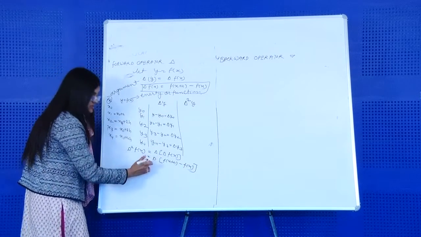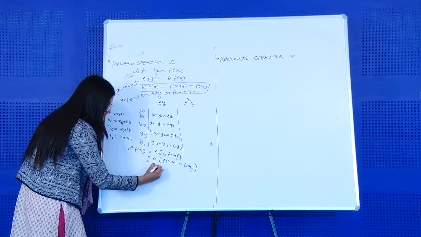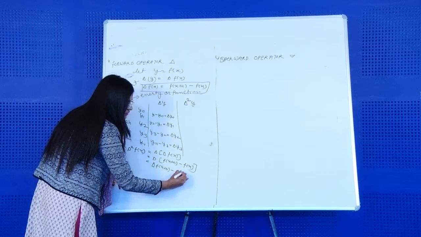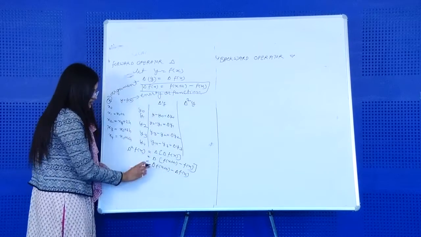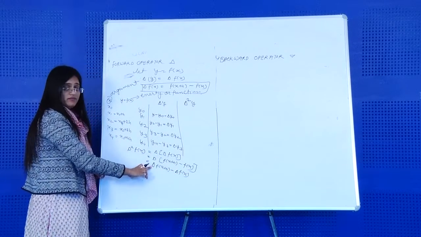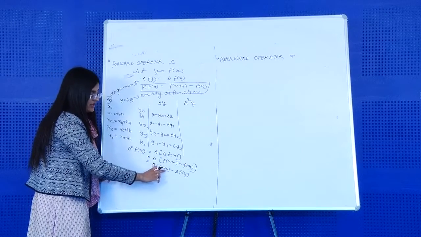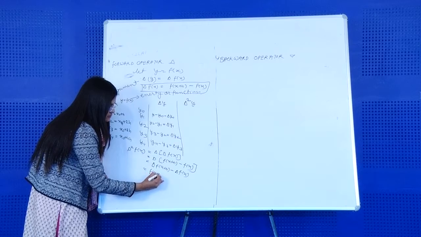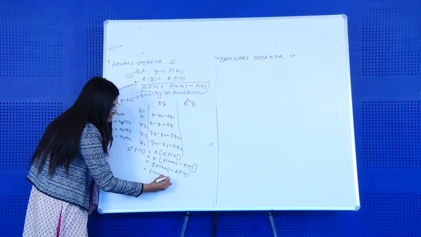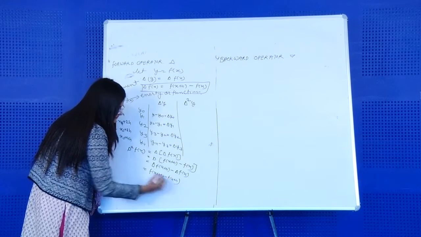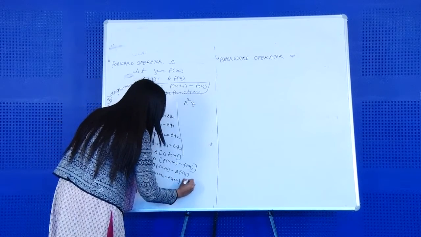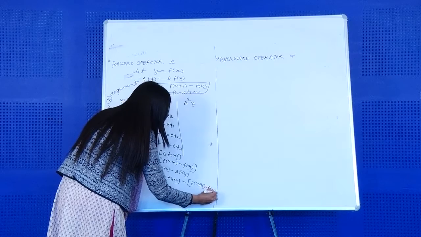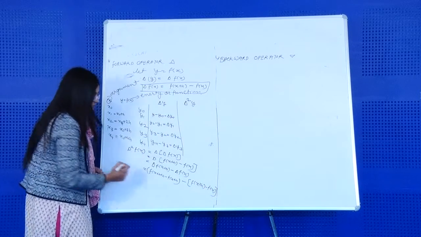Here I apply the distributive law. I apply delta on f of x plus h separately, minus delta of f of x. Now I apply the delta definition on f of x plus h. It gives f of x plus 2h minus f of x plus h, minus f of x plus h minus f of x, by the definition.